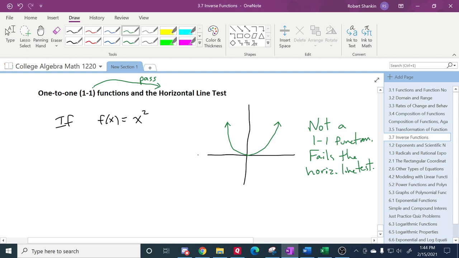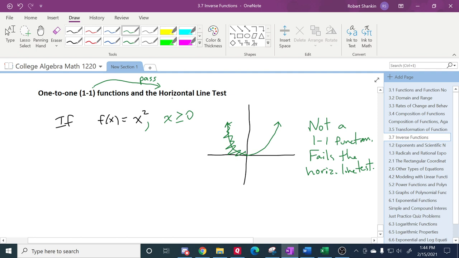And now, if it fails the horizontal line test, what we usually do is we'll make it pass the horizontal line test by doing something like this. Now, if you say, here's my function, and we're only considering the right half of it, that means it wipes out this part of it.